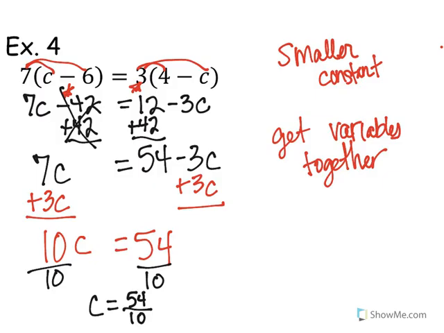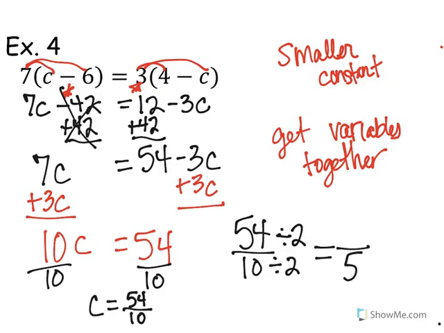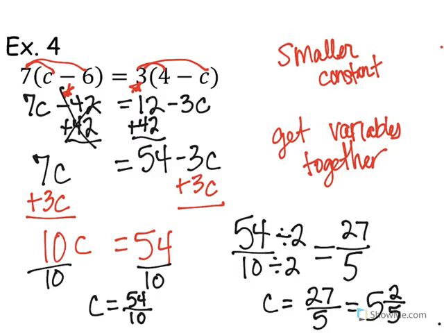So I can reduce by 2. 54 cut in half. The bottom is what? 5, yeah. How many times is 2 going into 54? 27, close. And I'm A-okay with you leaving it as 27 over 5, or if it really bothers you, you can do 5 and 2/5.